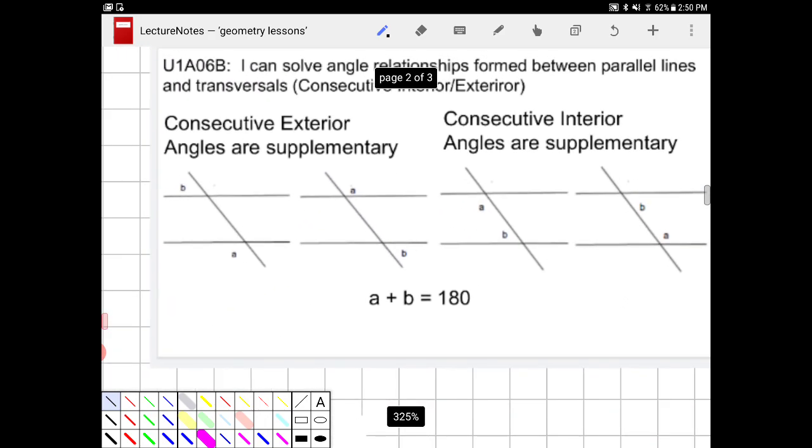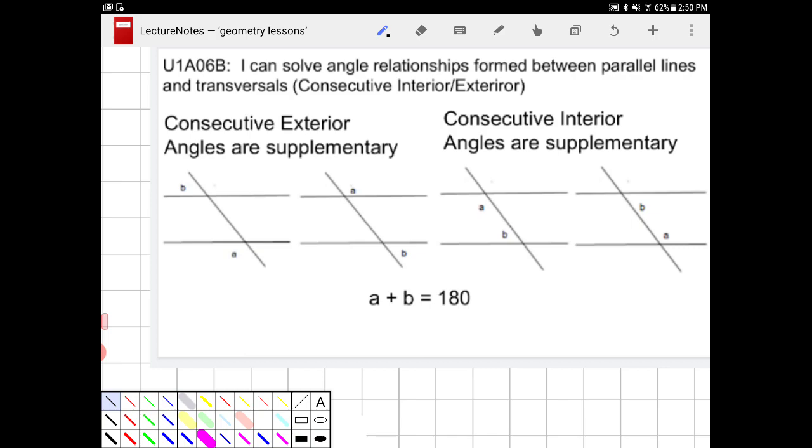Both of these angle orientations we recognize as consecutive interior or consecutive exterior. They are on the same side of the transversal, which is why we refer to them as consecutive, meaning one following the other, and they're not alternating. So all those angles mentioned are going to be supplementary.